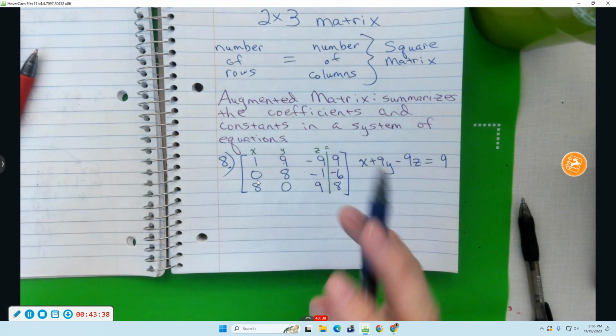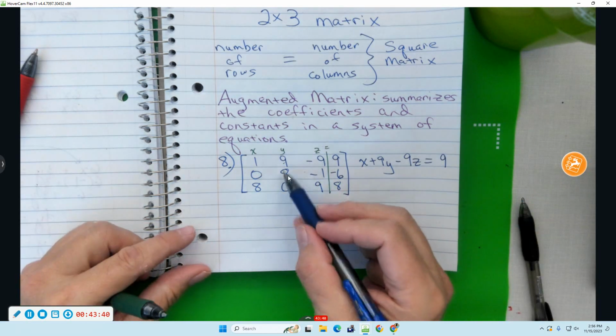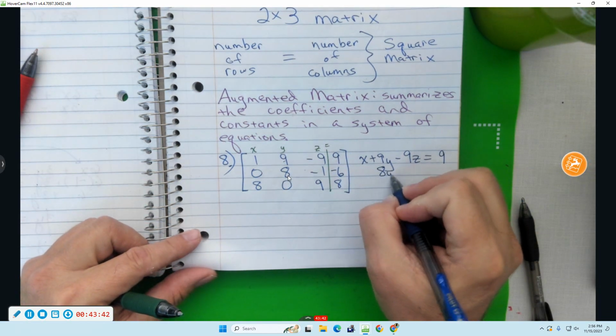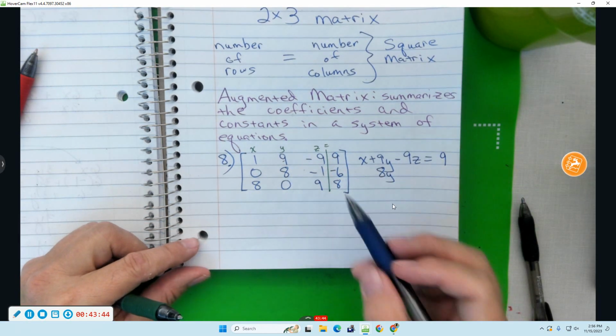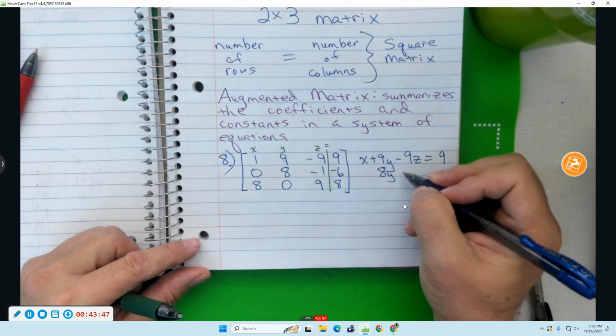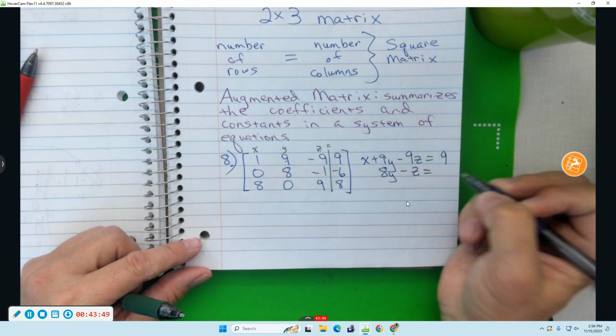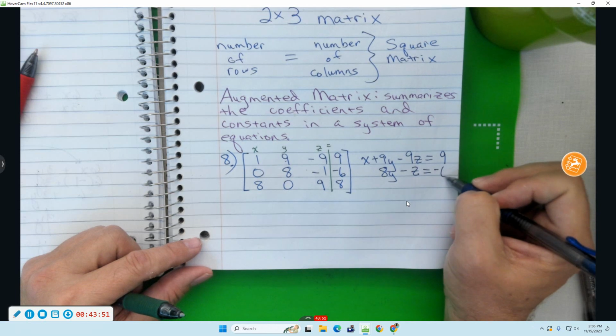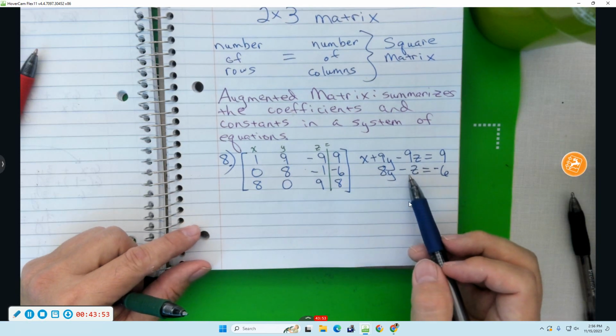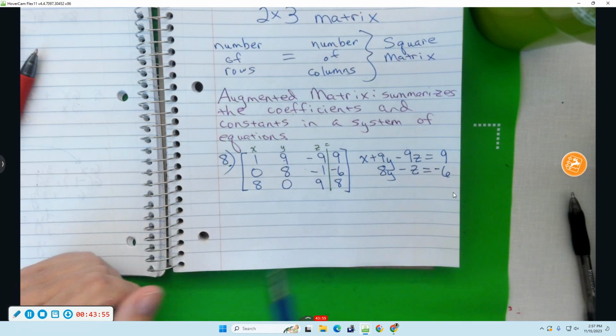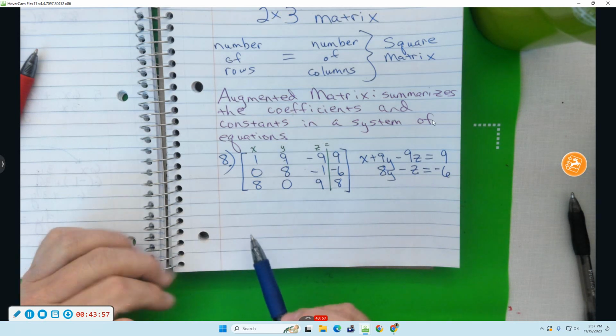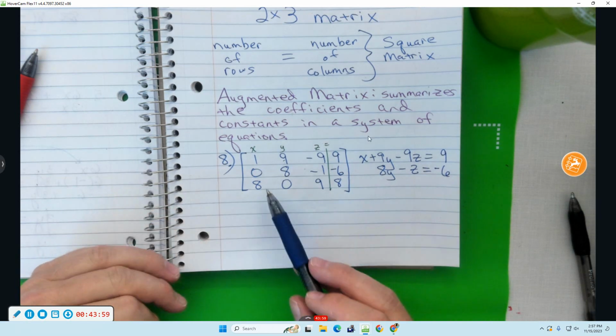Okay, so we have 0x, the x is gone. We have an 8y, keep going, minus z equals -6. They may want us to write it as minus 1z. I'm not sure. We'll have to see when we're typing in the answer. They may want us to show the 1.